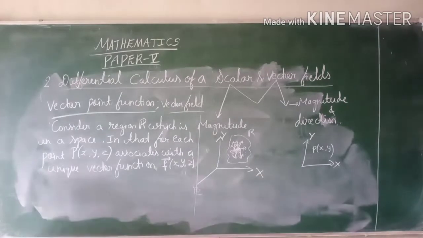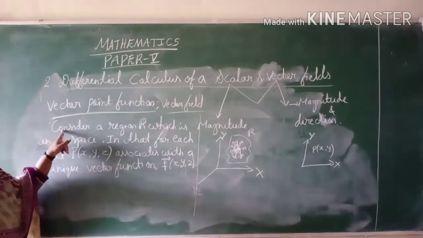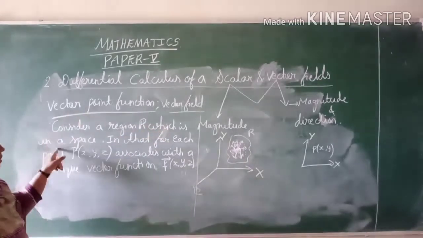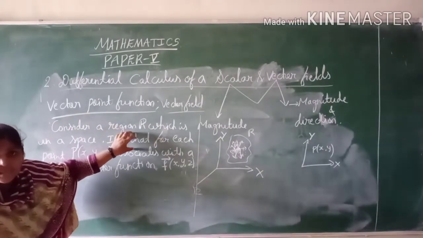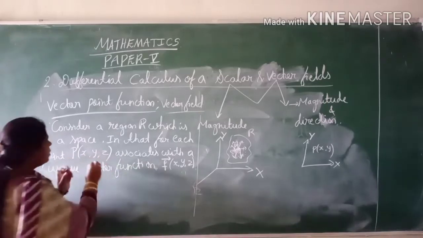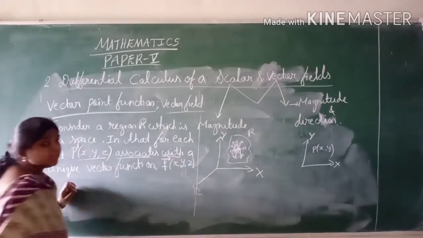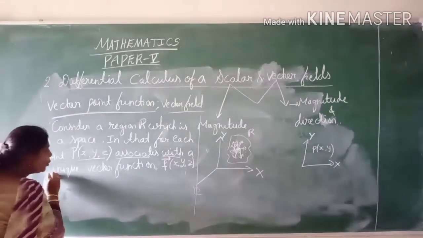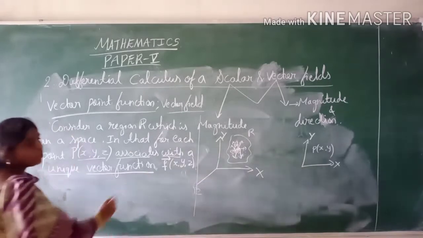Here, in the same manner, consider a region capital R in space. In this region, each point P of x comma y comma z associates with a what? The little difference between the scalar point function and the vector point function is the unique vector function. Clear?